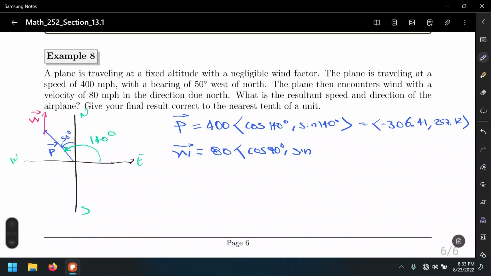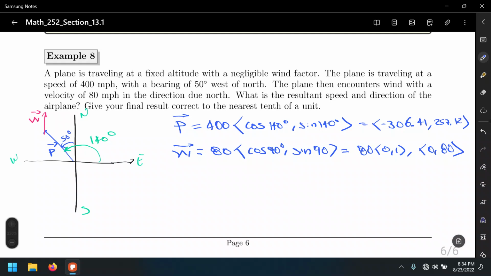Ultimately it's the same 0 and 1, that special unit vector in the y direction. That's going to be 80 times 0, 1, or rather 0, 80. Okay? So we have the two vectors.